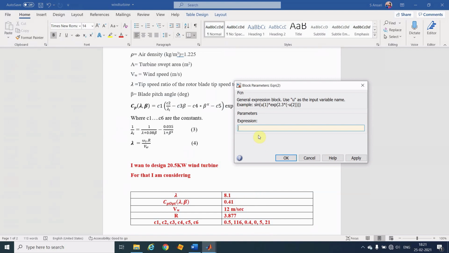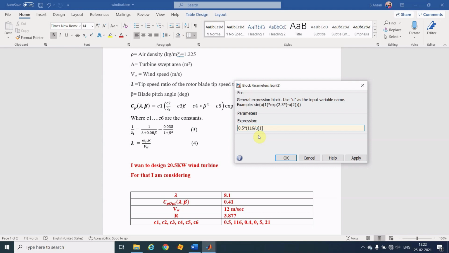So C1, what is C1? 0.5 star, okay, then C2, what is C2? 116 divided by lambda I. I will consider lambda I as u1, okay.